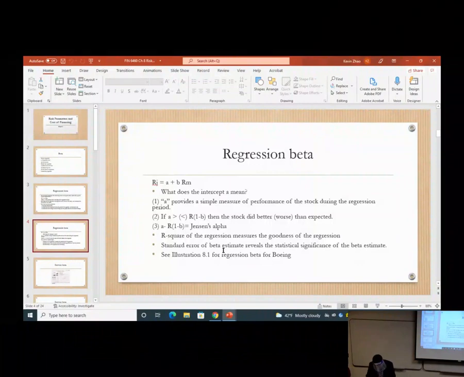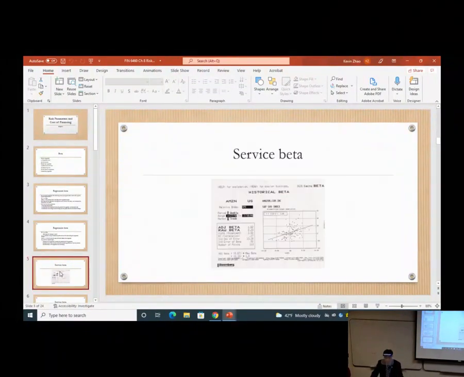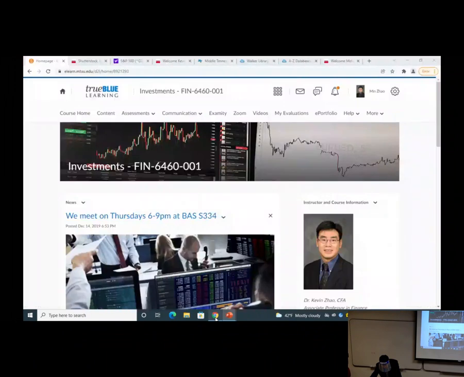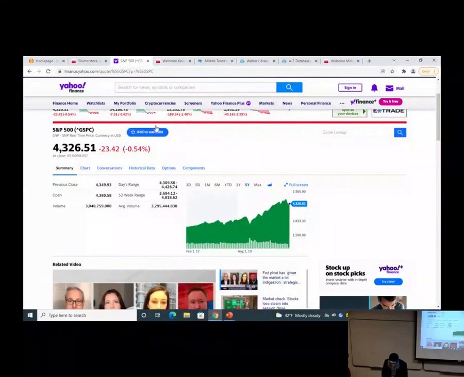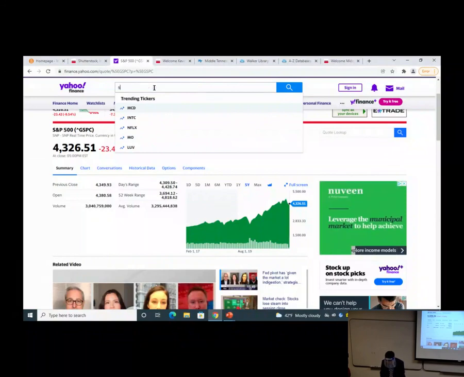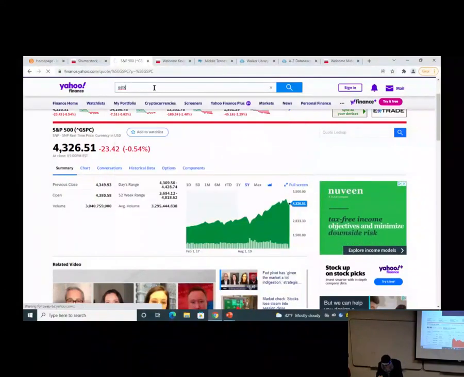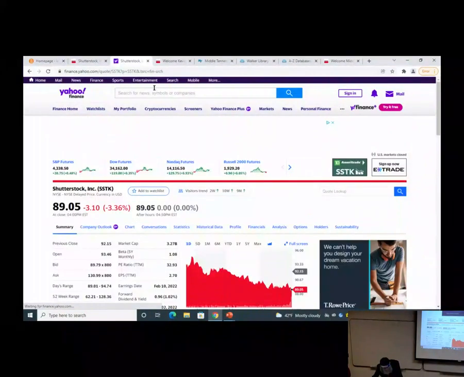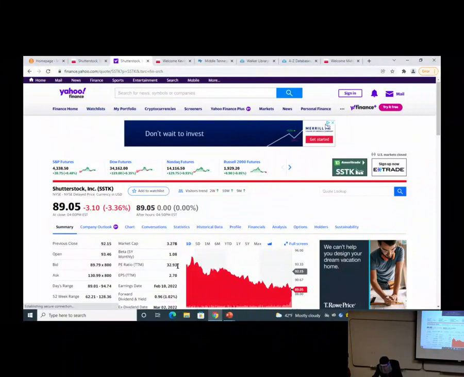So this is a regression beta. And if you go to Yahoo Finance, you might be able to find a beta of the company. SSTK. They have beta 1.8, 5-year monthly.